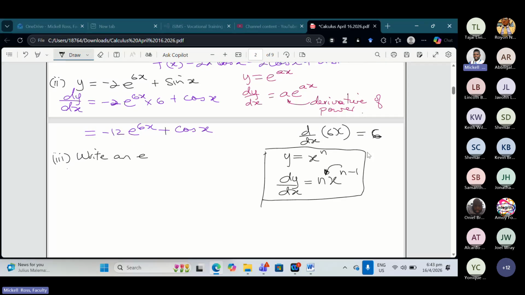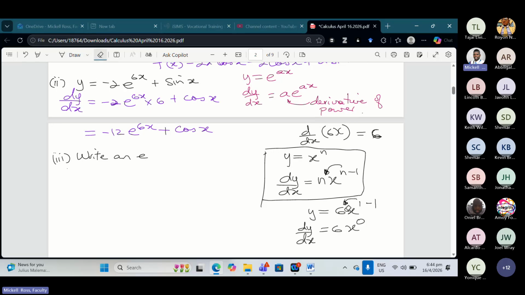Now let's look at it in terms of 6x. y is equal to 6x. What is the power of this x right here? Anybody can answer. What's the power of this x? 1. So if I'm going to take the derivative, it's going to be 1 times the power, and then after I do that, I'm going to subtract 1. So 1 times 6 is going to give us 6, and then I'm going to get x to the 1 minus 1, which is going to give me x to the 0.